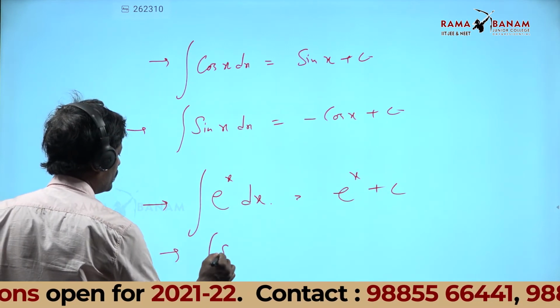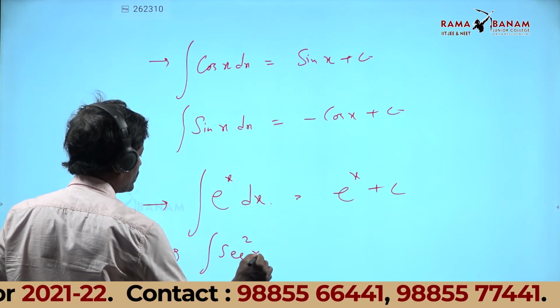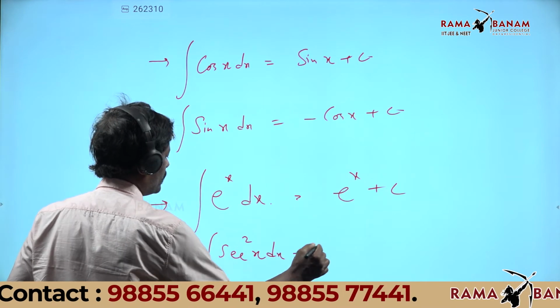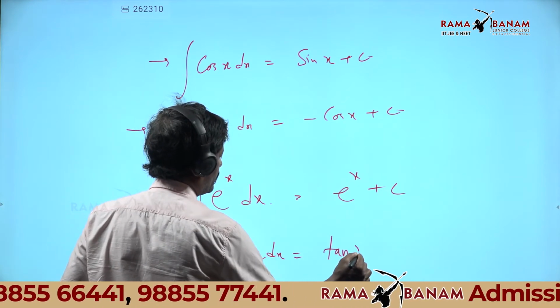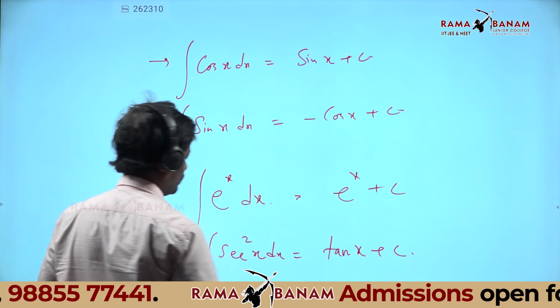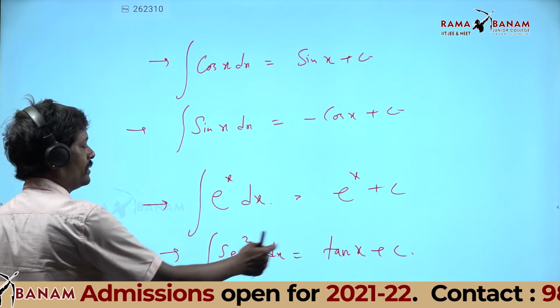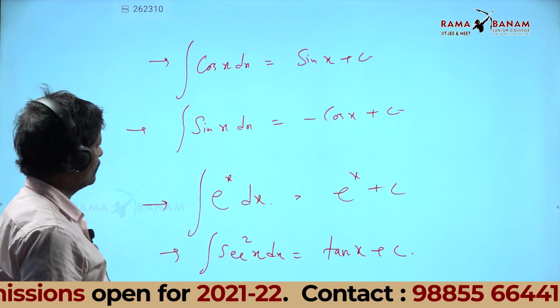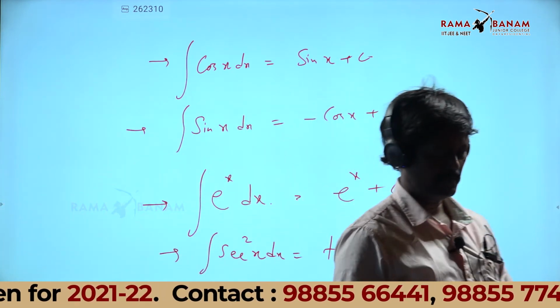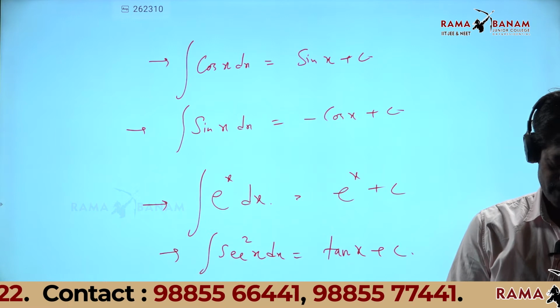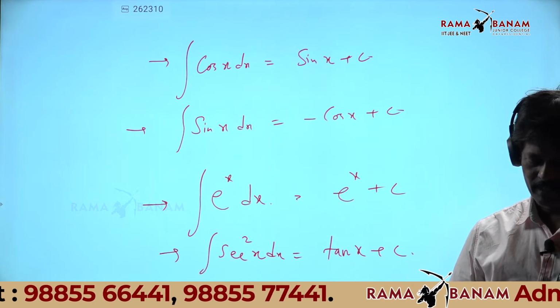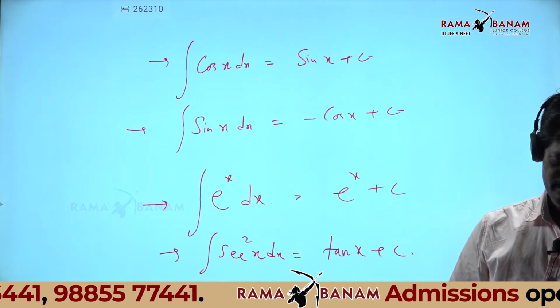Integral secant square x dx is tan x plus c, because secant square x is the derivative of which function? Tan x. Of course, only a few formulas we will be learning in physics.